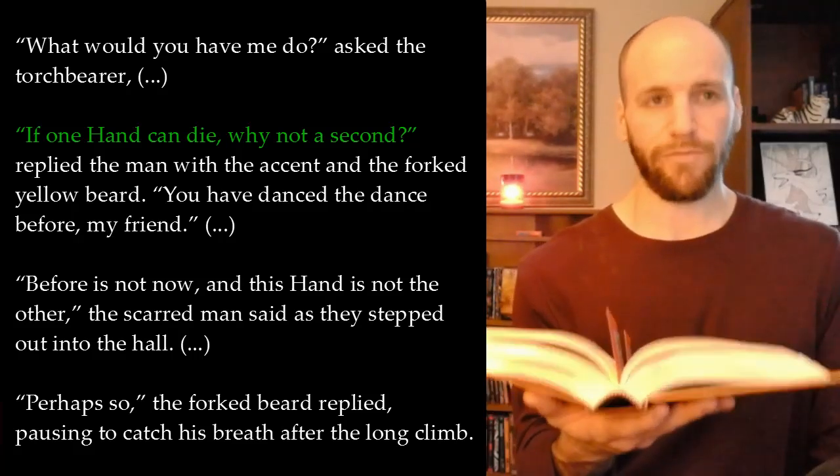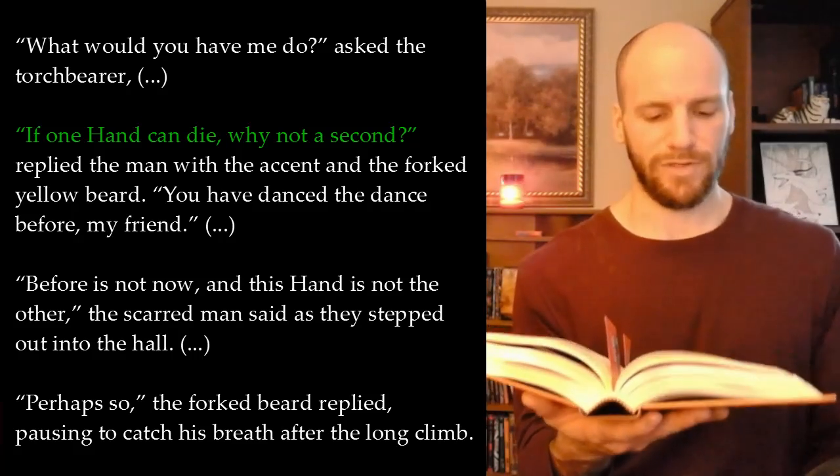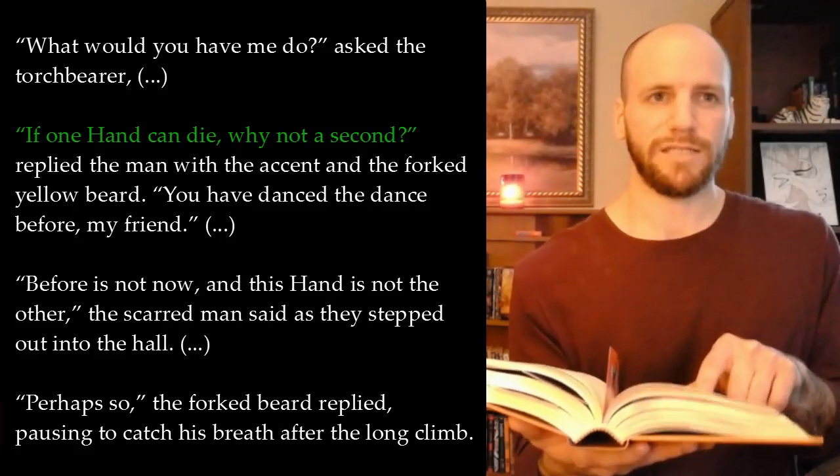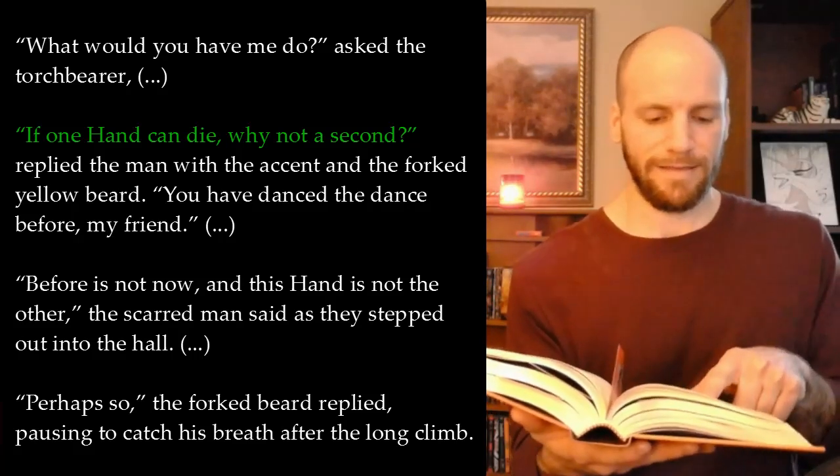And it isn't until four books later, in A Dance with Dragons, that the transformation of the subtext of this line is completed. Let me find that passage real quick. The Lost Lord, A Dance with Dragons, page 311.